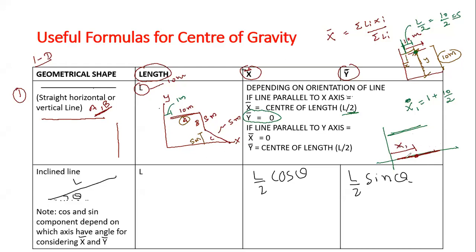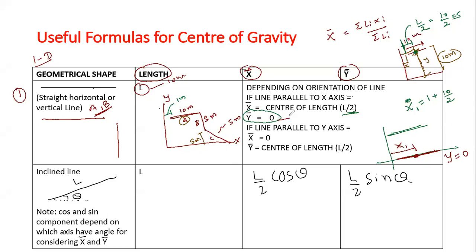But your reference x axis and your line element both are on the same location. Yes or no? Students, please be active. So in this case, can I say you don't have a y? Can I say y equal to 0 in this case?